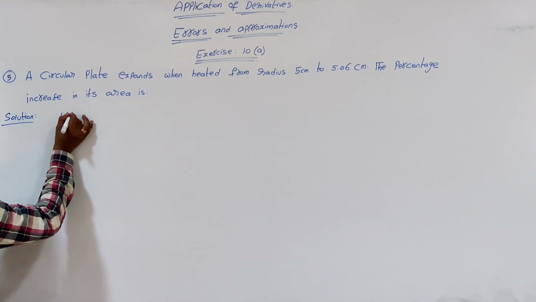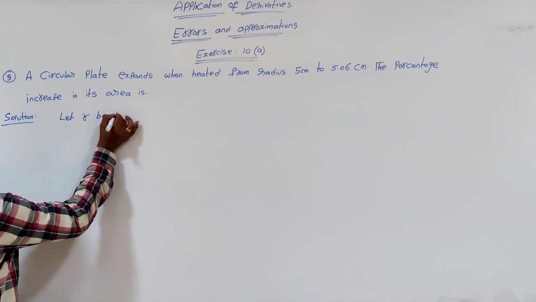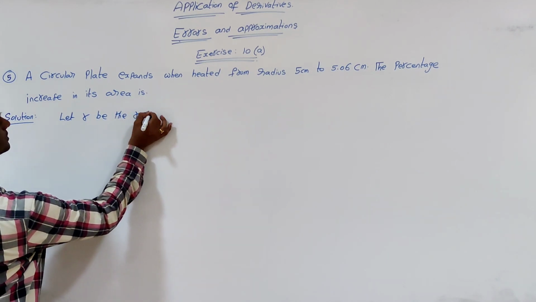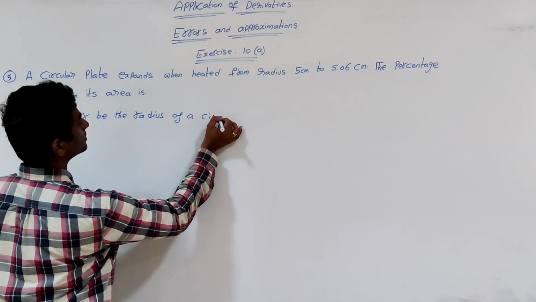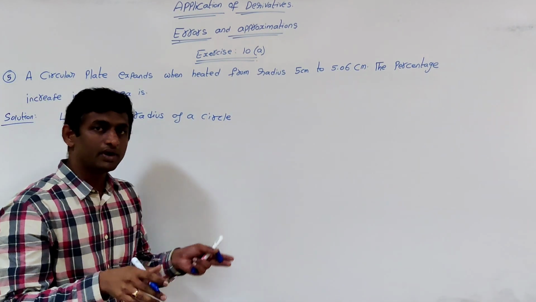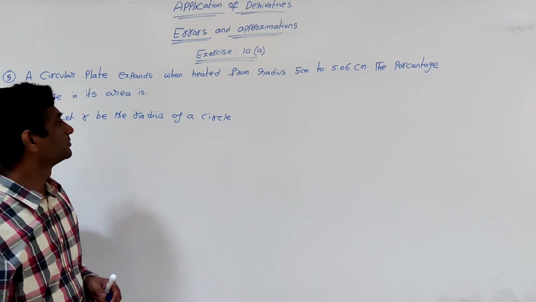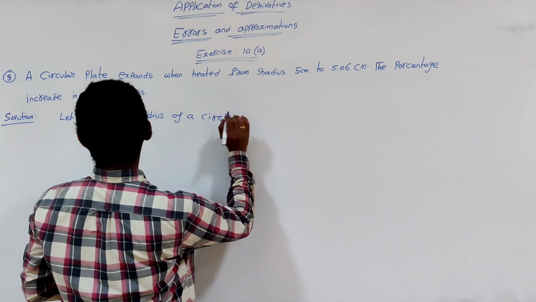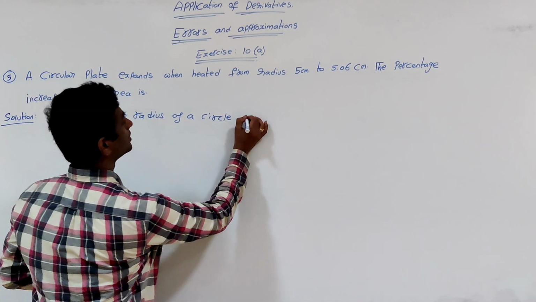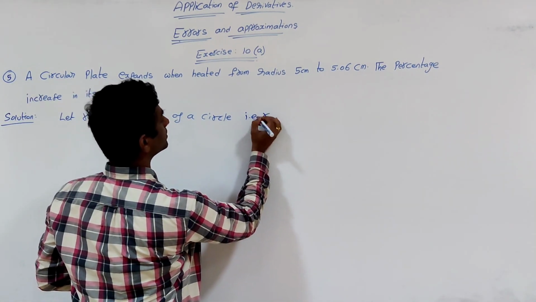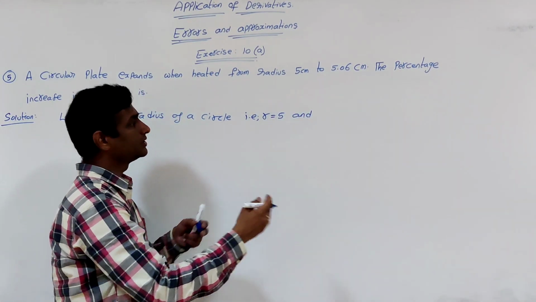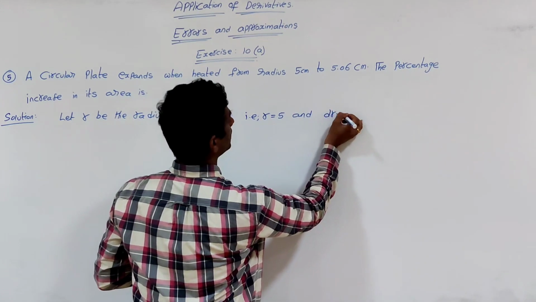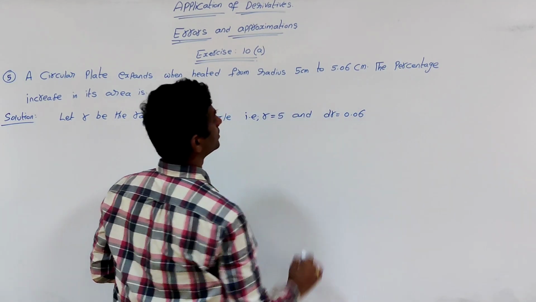Let r be the radius of a circle, as the plate will be in the circle shape. So, circle. Let r be the radius of a circle, that is r is equal to 5, and the change in the radius dr is 0.06.